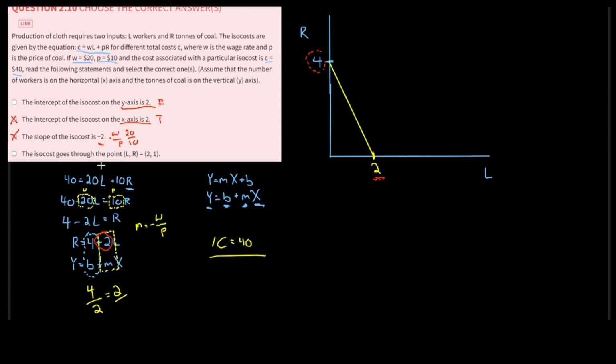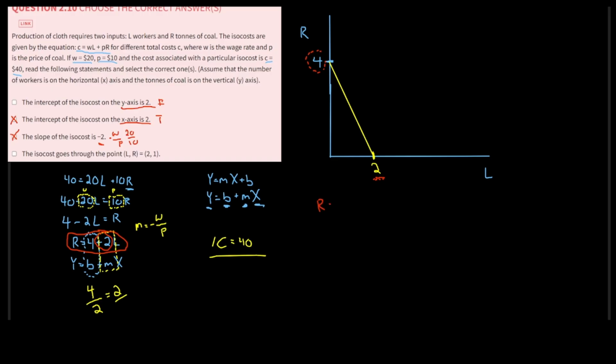The isocost goes through the point 2 workers, 1 resource, 1 coal. Well, we can take a look at this. We can say, is this true, by just invoking our equation. So what was our equation? Going back, it's kind of been lost, so let's just rewrite it so we can see it a bit clearer now.